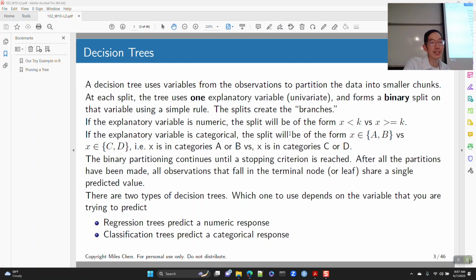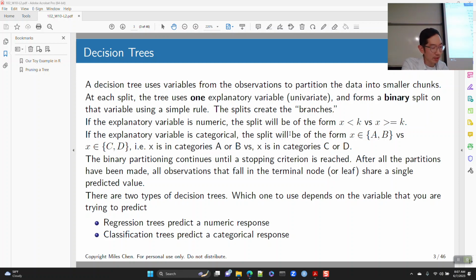At each of these questions, or splits, the tree uses only one variable, and generally forms just a binary split, using some kind of rule.